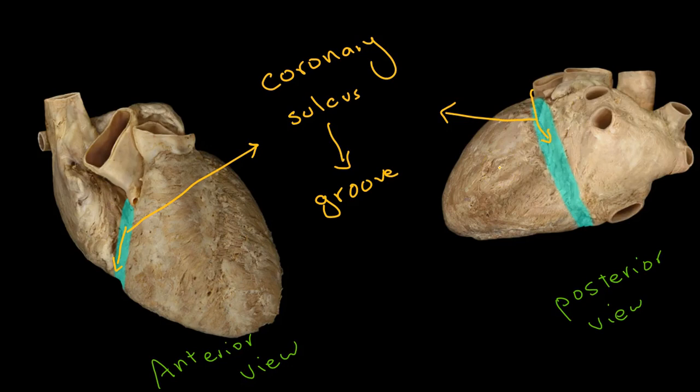That's the reason they call it the coronary sulcus. The coronary arteries are the arteries which supply the heart itself. The coronary sinus, which is a vein that collects the blood from the heart, is found on the posterior view of the coronary sulcus.